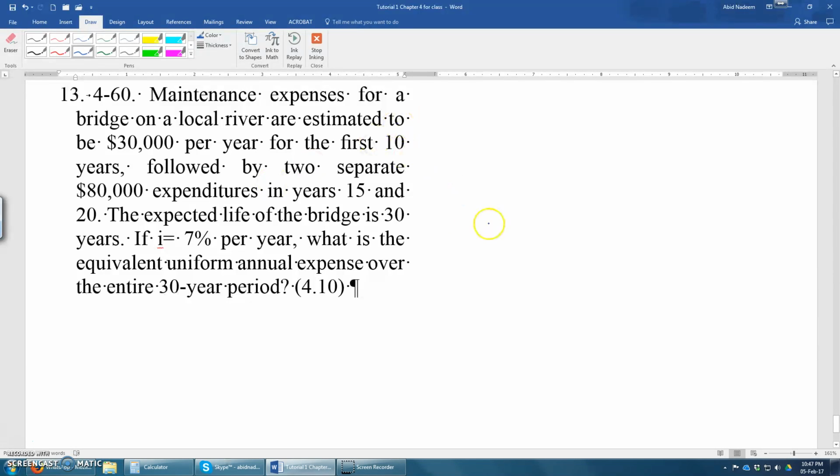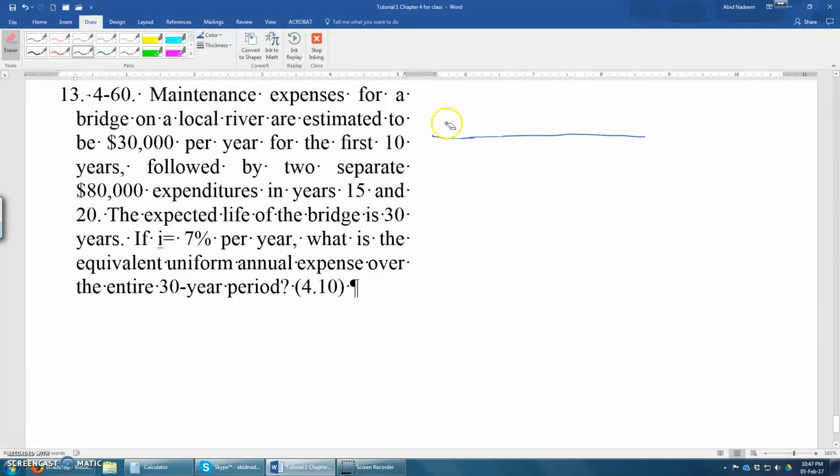So let's draw the cash flow diagram. To make it a little clearer, starting from 0, the annual expenses are $30,000.